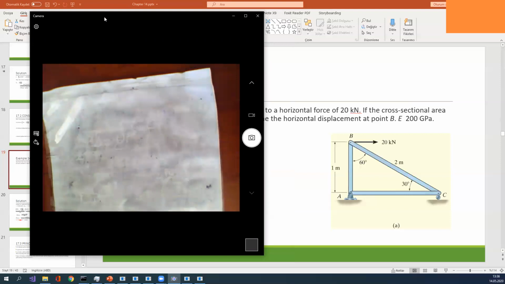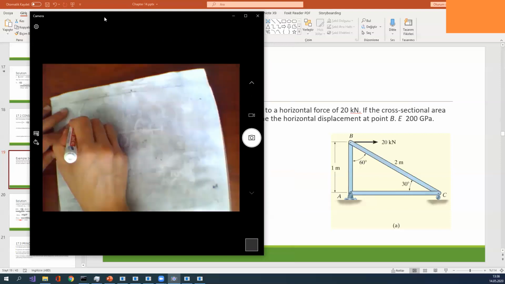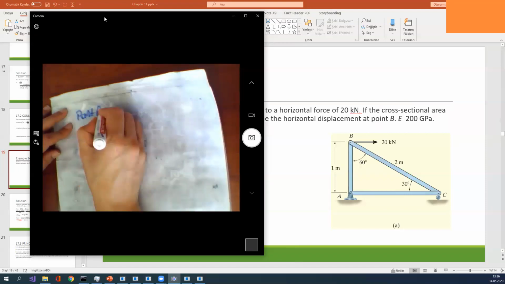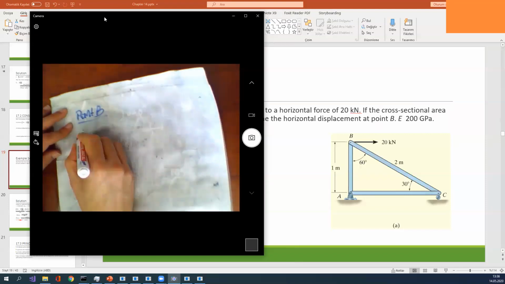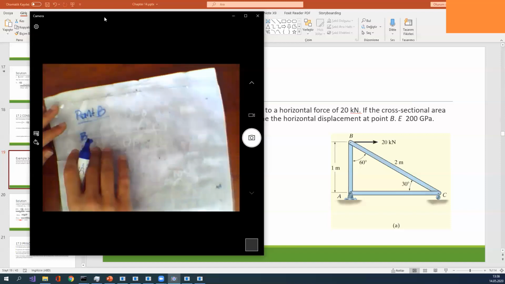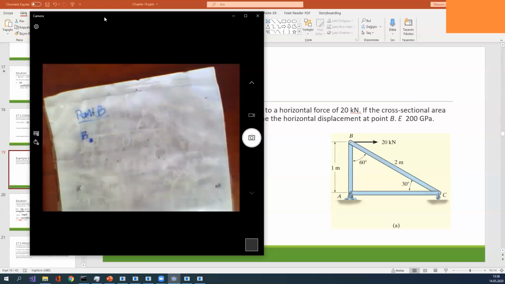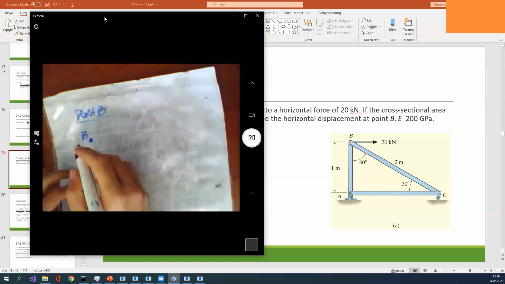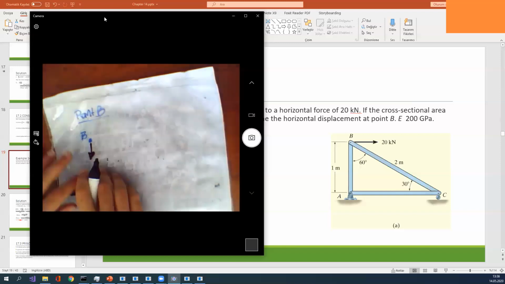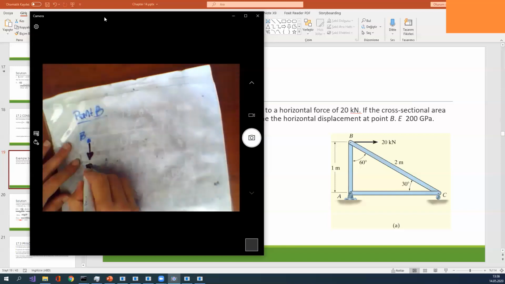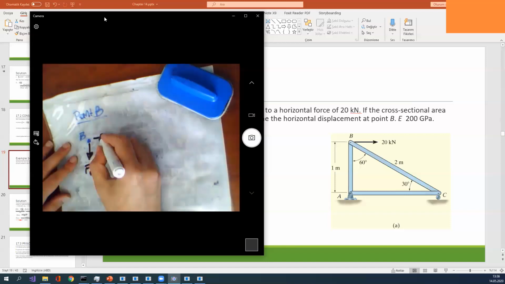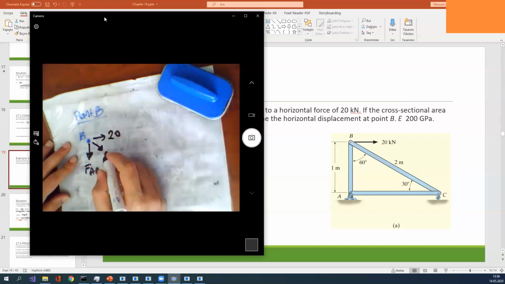Let's start with point B. I take point B. We have three forces, two internal forces: FAB here, 20 kilonewton, and FBC at 60 degrees here.